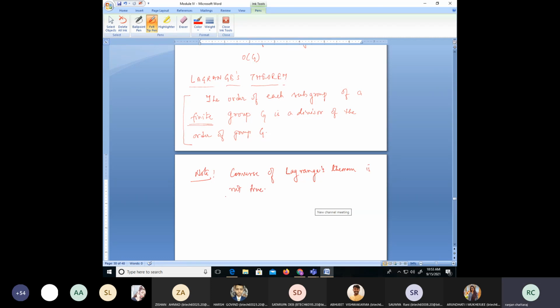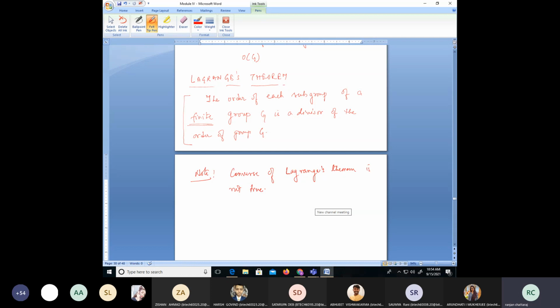Is it clear? Converse means, if you are considering G as the fourth roots of unity and the cardinality of the subset is 2, then it may or may not be a subgroup. Previously we saw a subgroup of the fourth roots of unity: 1 and minus 1.